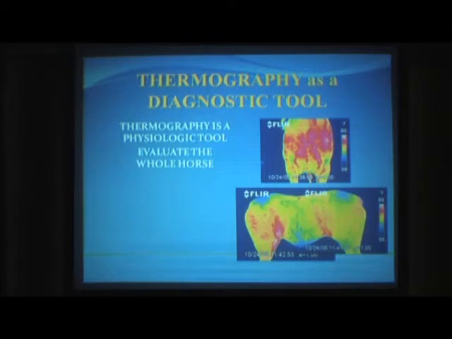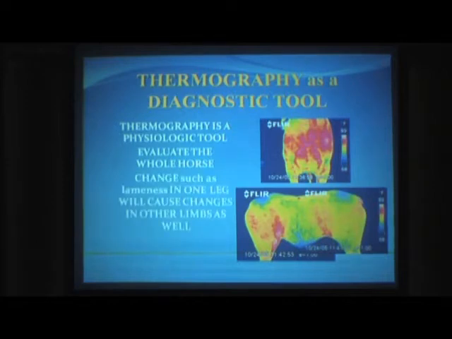If I'm going out to evaluate a horse that's got a shoulder problem, I may just look at the shoulder. But if it's a horse where they don't know what's going on, I want to know what's going on everywhere on that horse, not just one spot. So it may take me a little bit longer, but when I do it, I come back and check it afterwards and see if it's changed.